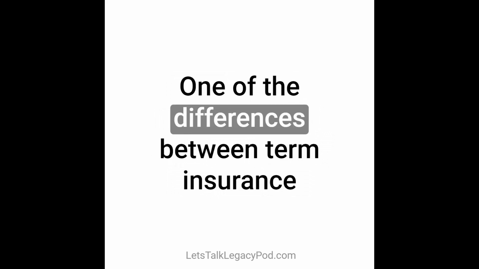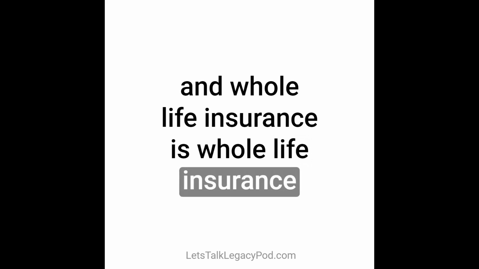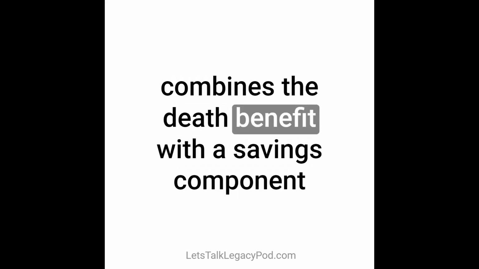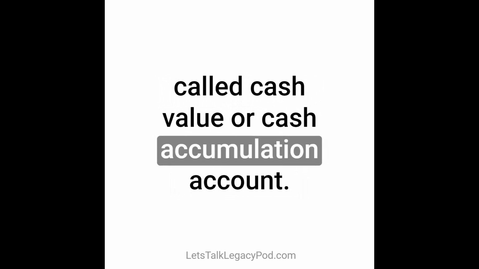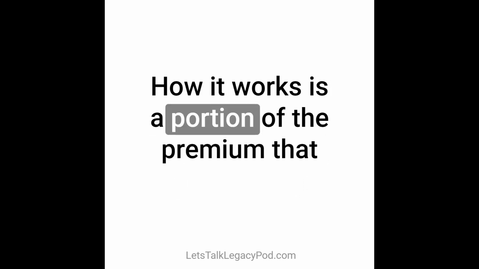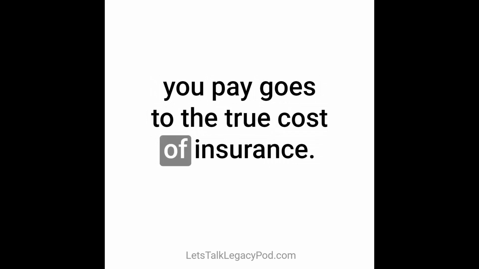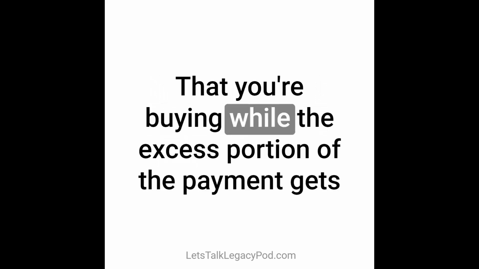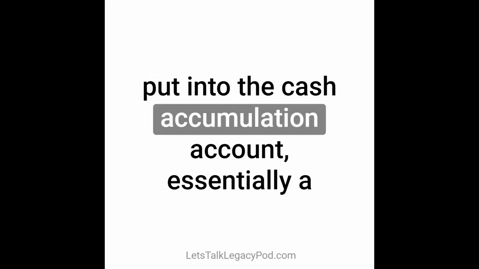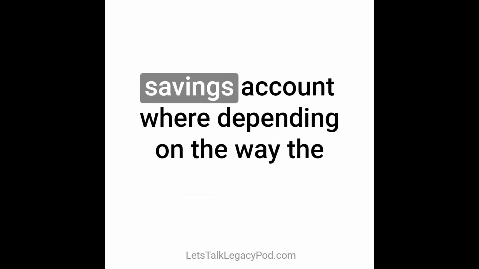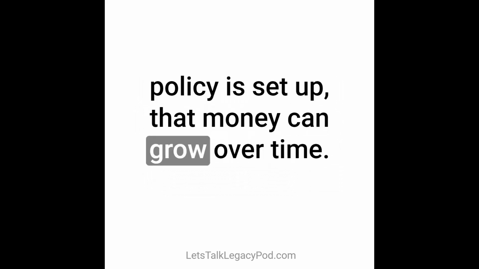One of the differences between term insurance and whole life insurance is that whole life insurance combines the death benefit with a savings component called cash value or cash accumulation account. How it works is a portion of the premium that you pay goes to the true cost of insurance that you're buying, while the excess portion of the payment gets put into the cash accumulation account, essentially a savings account, where depending on the way the policy is set up, that money can grow over time.